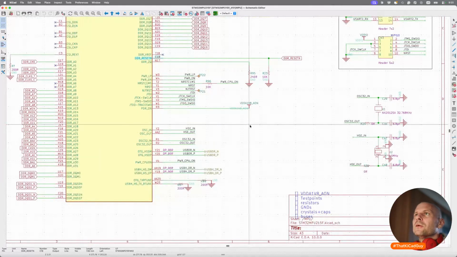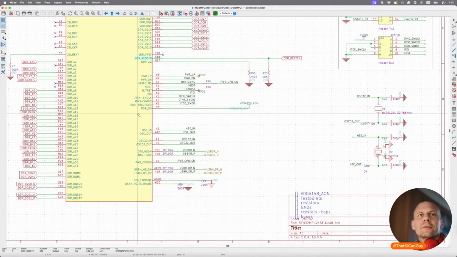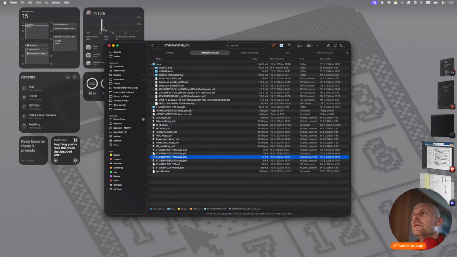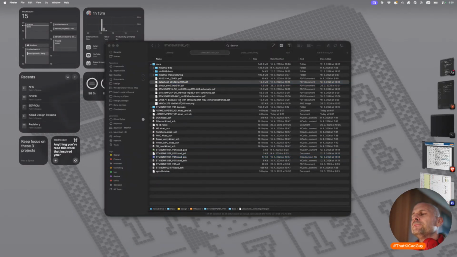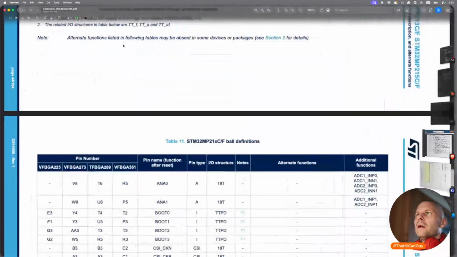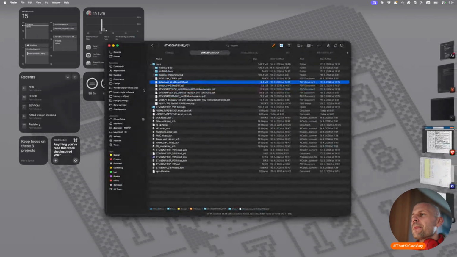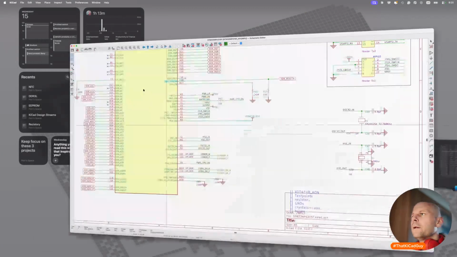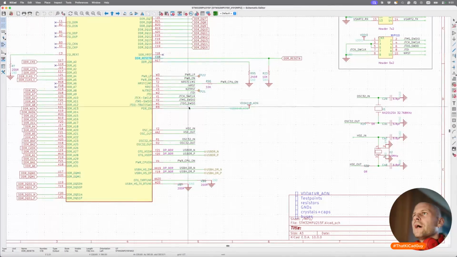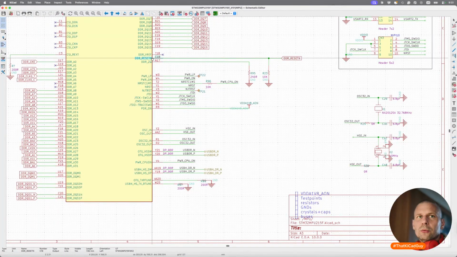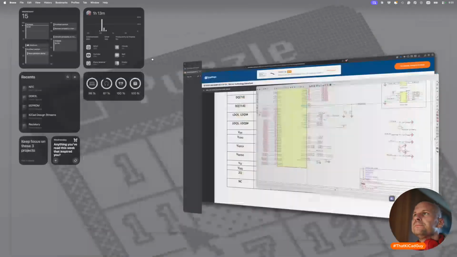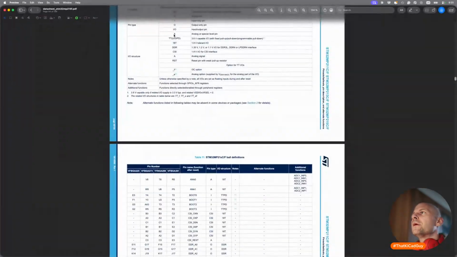Okay, so let's open the datasheet for this. We have it here. And we are looking for the DDR VREF output, probably output is here.